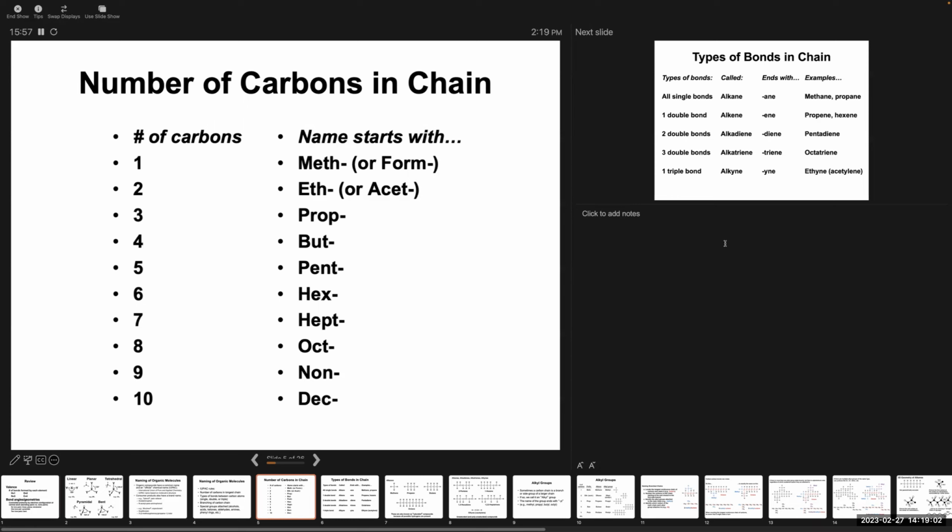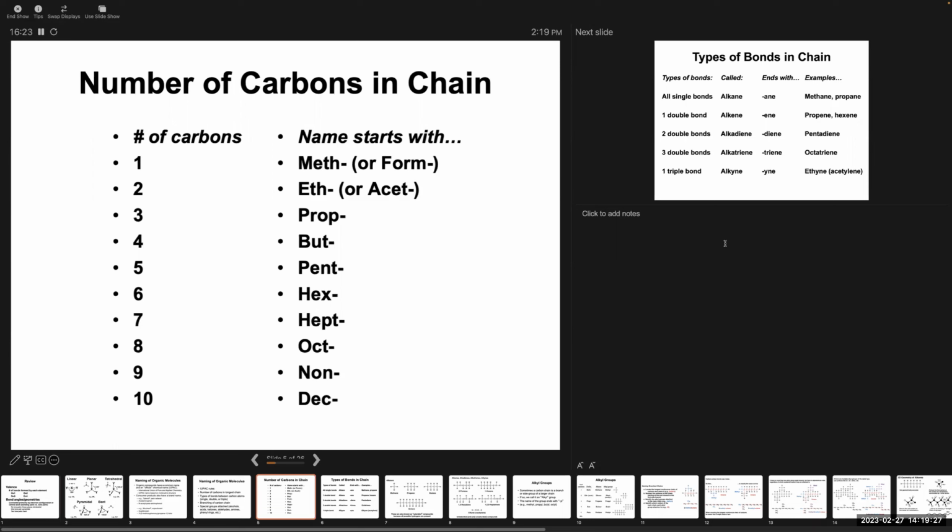So if you have just a single carbon atom, there may be other things attached to it, maybe some hydrogens, maybe an OH group, but as long as it's just one carbon all by itself, we would call that something meth something. We'll talk about the suffix, or the ending of the word, in just a minute, but this would be the prefix, or the beginning of the name.